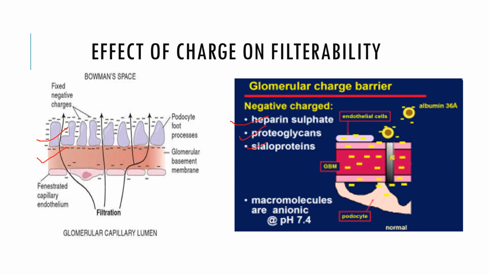So we can say that as they are negatively charged, albumin, although its molecular diameter is 6 nanometer, and we know the pores can accommodate up to 8 nanometer particles, cannot pass through the glomerular capillary membrane because of its negative charge and the electrostatic repulsion exerted by the negative charges on the glomerular capillary wall.